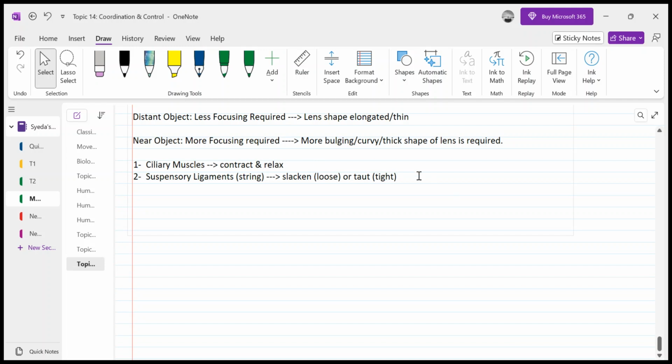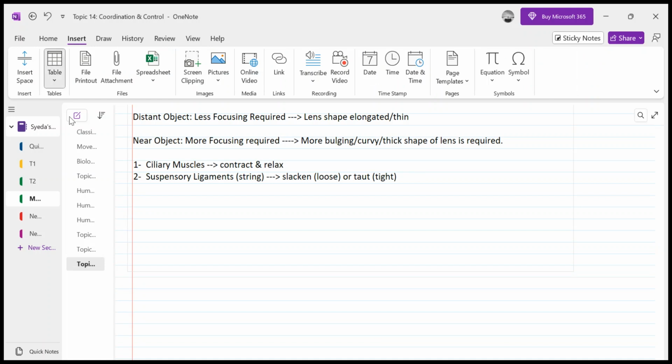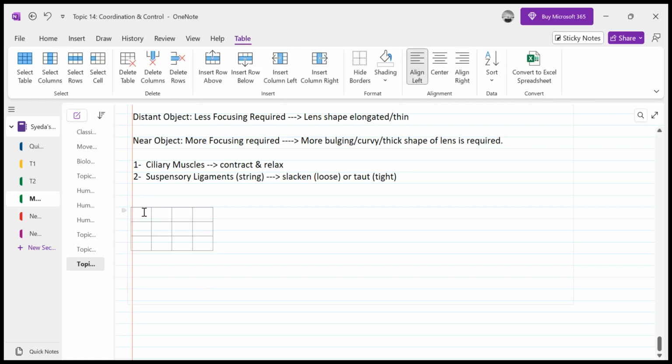So what happens in eye accommodation, I will be making a table for you. Here a distant object and a near object.